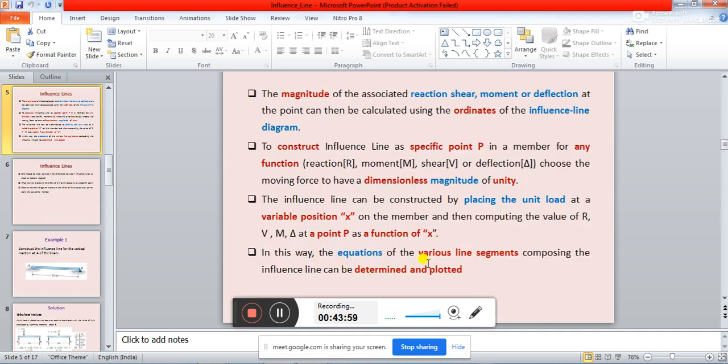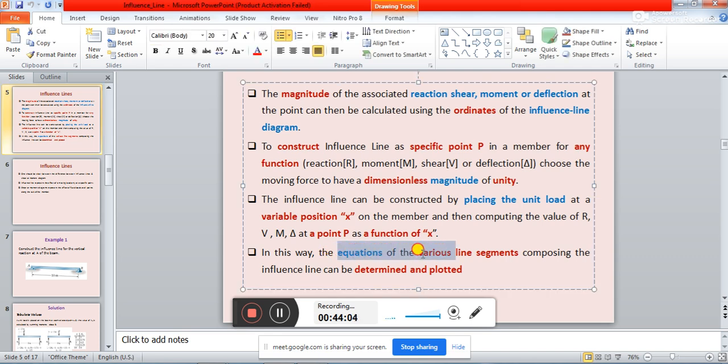You should go back and see this, the equation of the various line segments. So this will come in case of influence line diagram for bending moment about C.